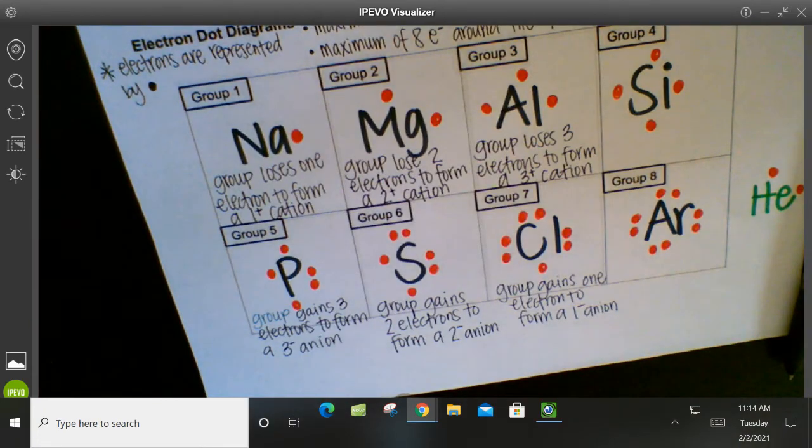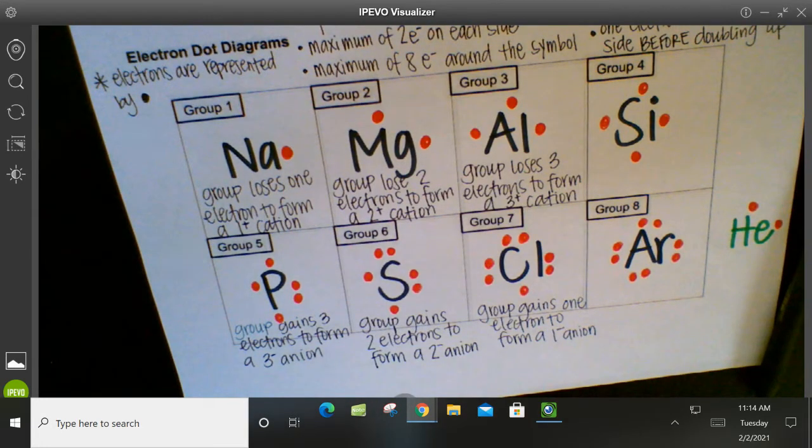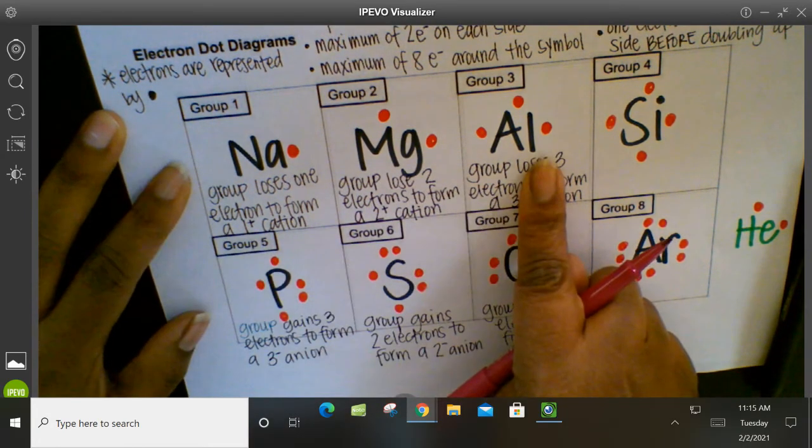All right, and then I wanted to just look back at our positive and negative ions, our cations and our anions. Okay, they form chemical bonds to achieve a stable, all right, a stable outer shell. And normally to have a stable outer shell, you need 8 valence electrons. And so our metals are going to lose these.